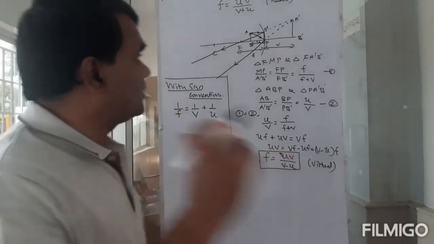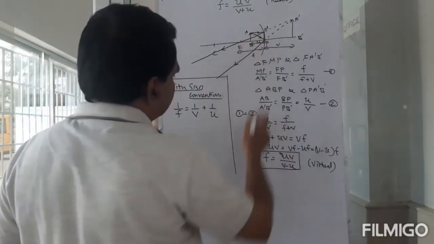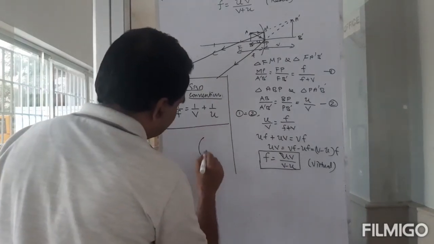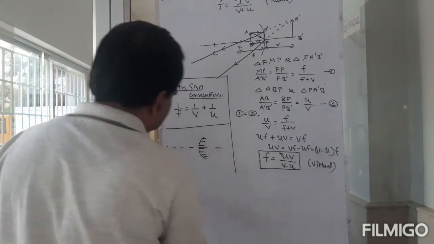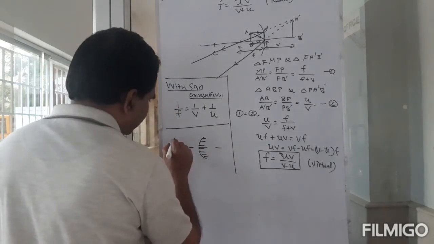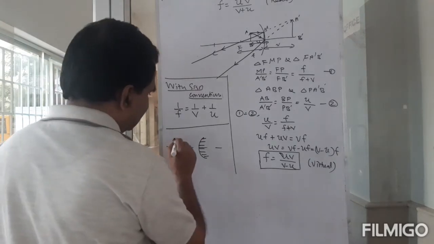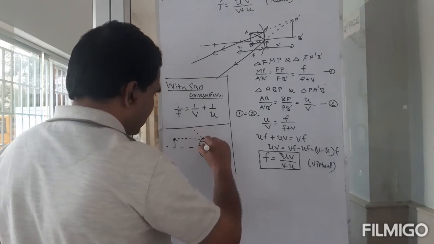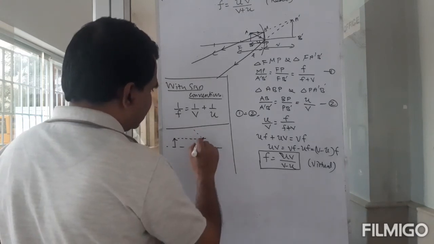Okay, so let me take the convex mirror now. So this is the convex mirror, right? I'll keep an object here. You see, and this will hit here. And notice this is the normal. Then it will go like this.